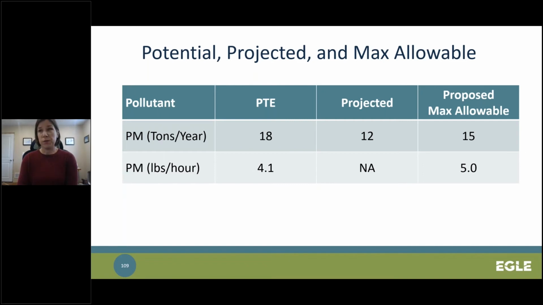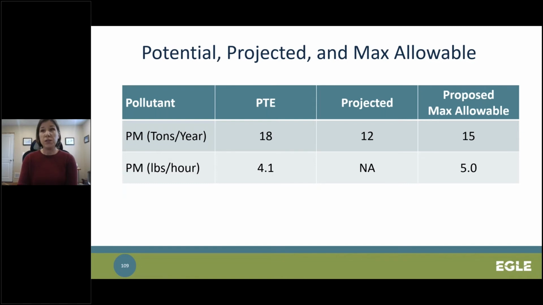With the short-term emissions, they have calculated their PTE as 1.4 pounds per hour. This could be based on a manufacturer's information or other calculation methods, which we will get into later. Just in case the emissions are higher than they anticipated, they are asking for a limit of 5 pounds per hour, which is about 20% higher than their calculated PTE.